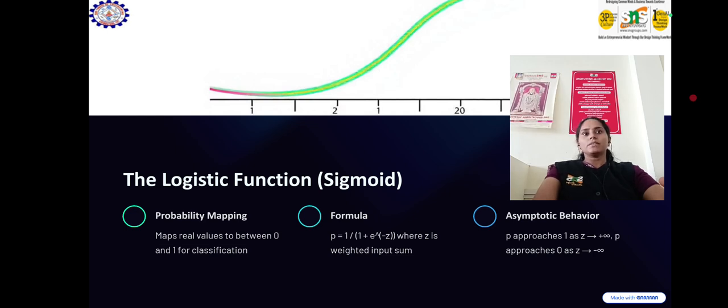The midpoint of the function, where z equals 0, gives a probability of 0.5, which is usually the decision threshold. The smooth S-shaped curve is what makes logistic regression ideal for binary classification problems. It not only gives us the predicted class but also tells us how confident the model is in its prediction.